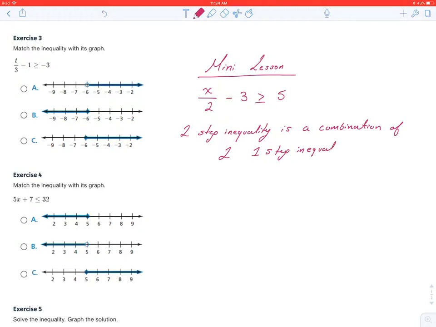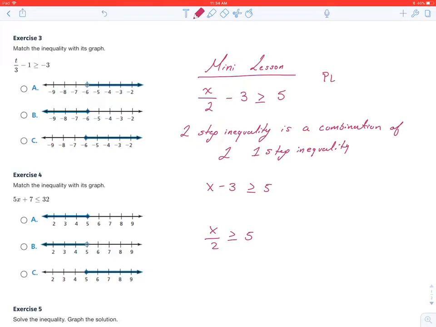What I mean by that is this: x divided by 2 minus 3 is greater than or equal to 5. You're going to solve this as if it was x minus 3 is greater than or equal to 5, and x divided by 2 is greater than or equal to 5. So you're going to be taking the same steps you did in the one-step inequalities you've been working with to solve a two-step inequality.